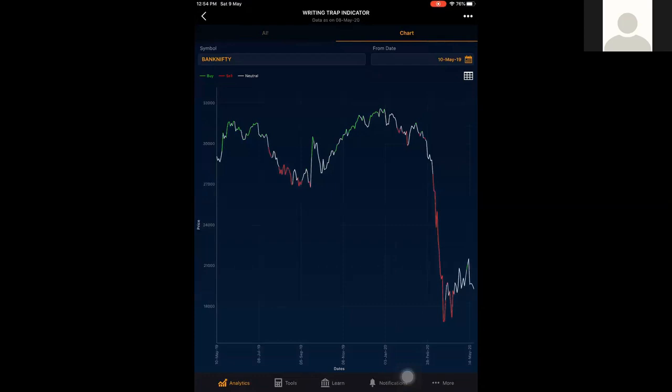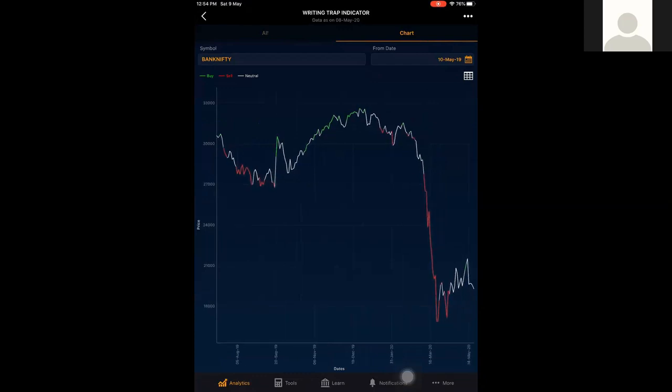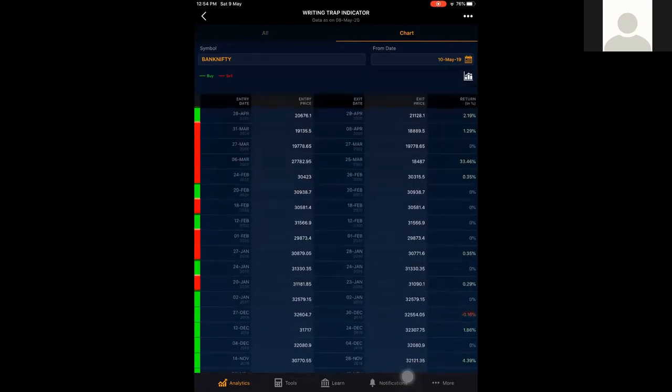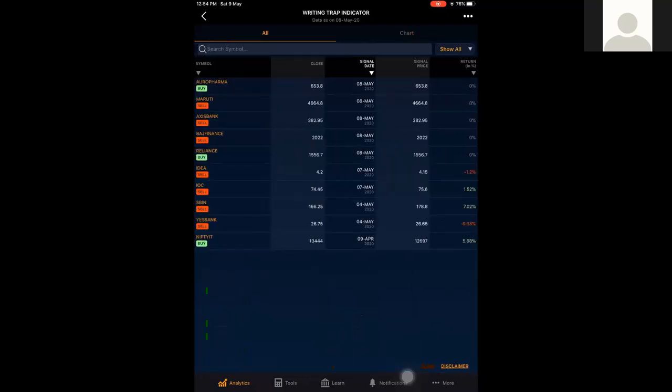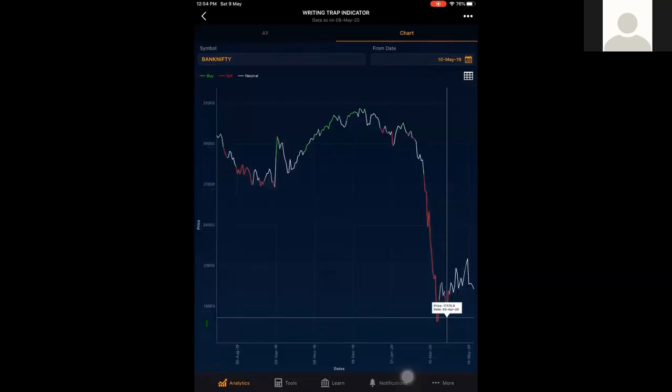There was a good short trade coming up in March. Again in April there was a V-shaped move, so it was basically not much of a signal. In April it was a 2% move, in March it was 33%. Then in April, in 1 day the trades were getting closed. So there were scenarios wherein there was a 1 day move. Here we saw 29th April. Right now, it is in a no trade zone.